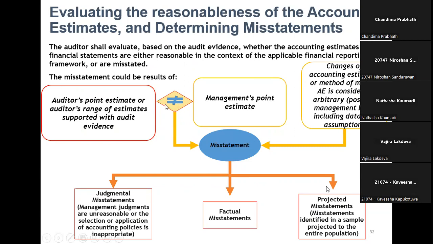If there is a difference between the management point estimate and the auditor's point estimate, or the management point estimate does not fall within the auditor's developed range, then there is a misstatement. There are three types of misstatement we discuss: one is the factual misstatement, another is the projected misstatement, and the third is the judgmental misstatement.